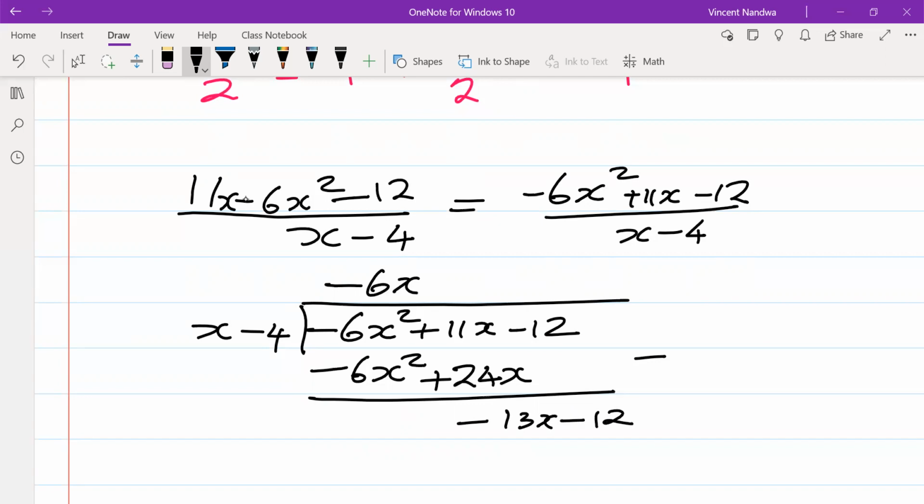Okay? Then what should I multiply by this x to get minus 13x? Minus 13. So write minus 13. So minus 13 by x is minus 13x. Minus 13 by minus 4 is plus.